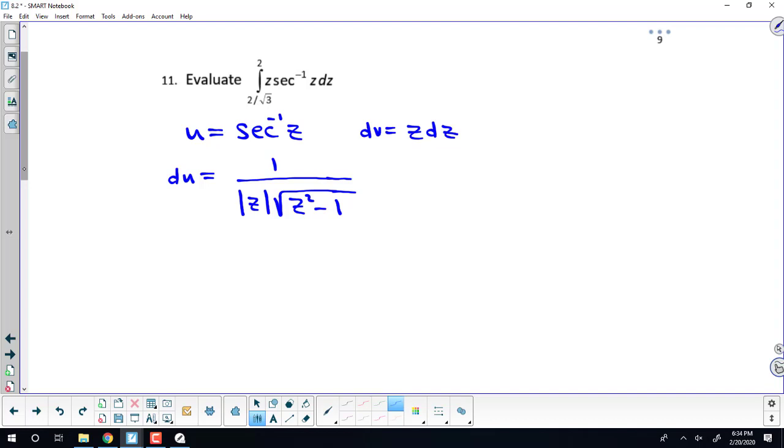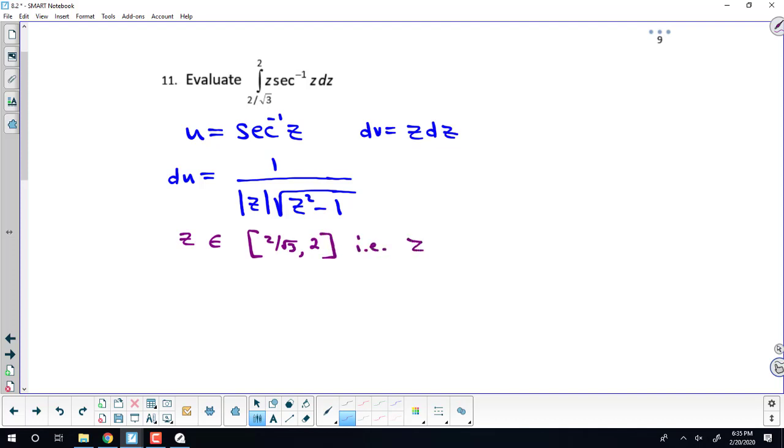So we're basing this off of the bounds. z is in, sometimes they use a fancy E like that to mean z is an element of. So z is a member of the interval 2 over root 3 to 2.